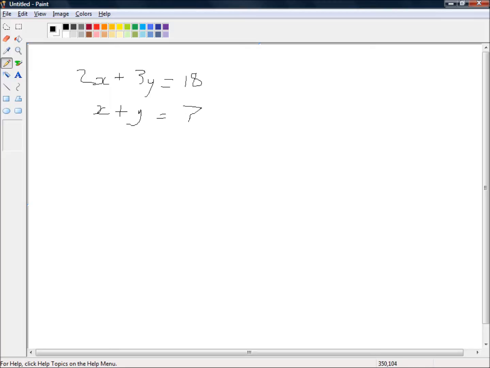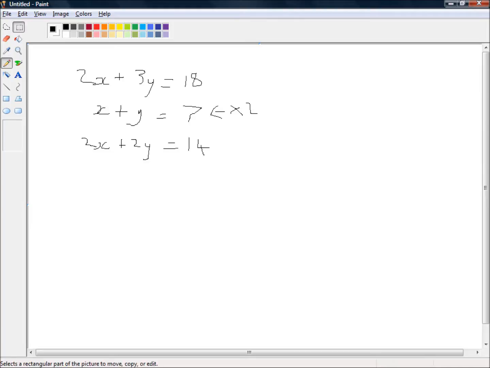Okay, well, we can't just add them or subtract them, but what we can do is multiply this second equation here by 2, then we'll get 2x plus 2y is equal to 7 times 2 is 14.